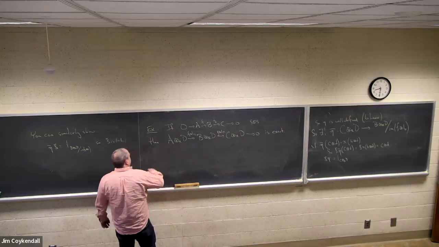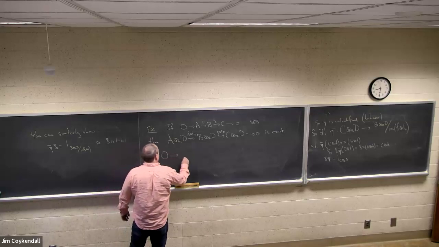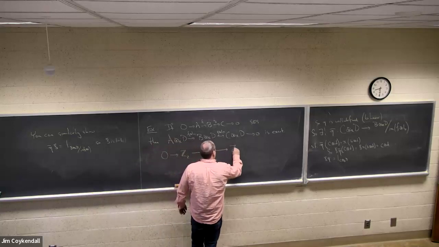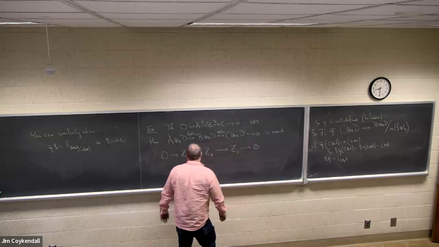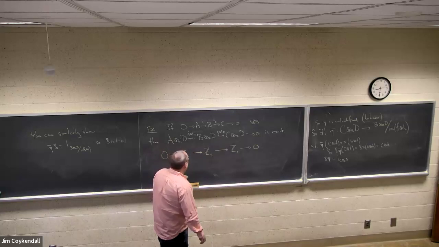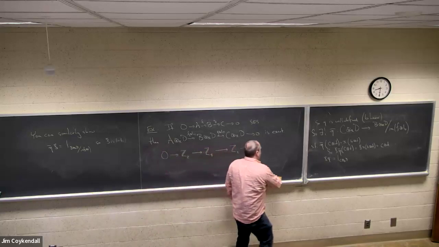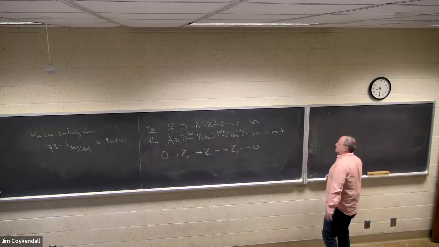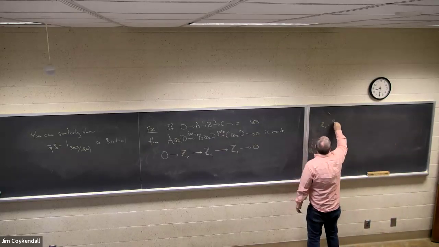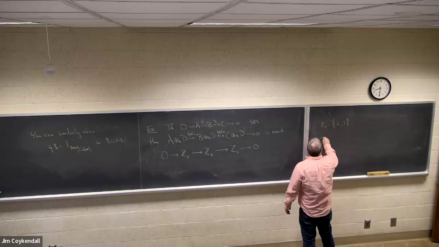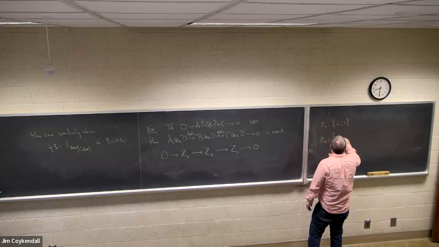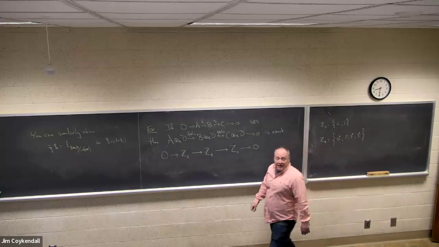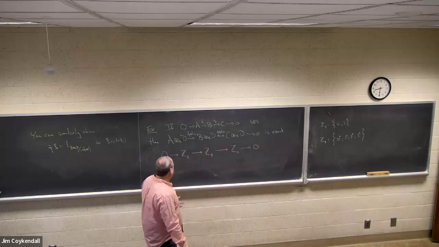So here's an example, a numerical example. I'm going to treat these two Z2s with the same notation. Now, let's see if we can figure out how this short exact sequence works.